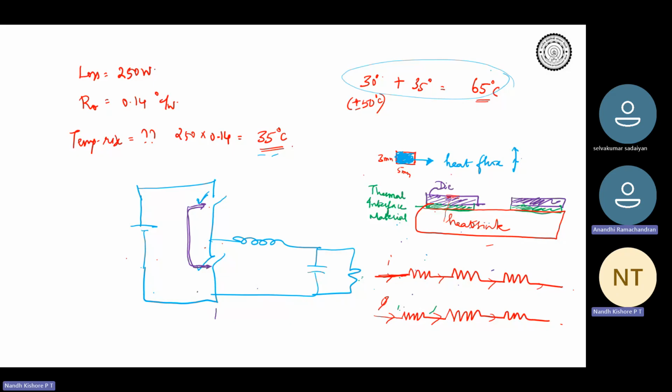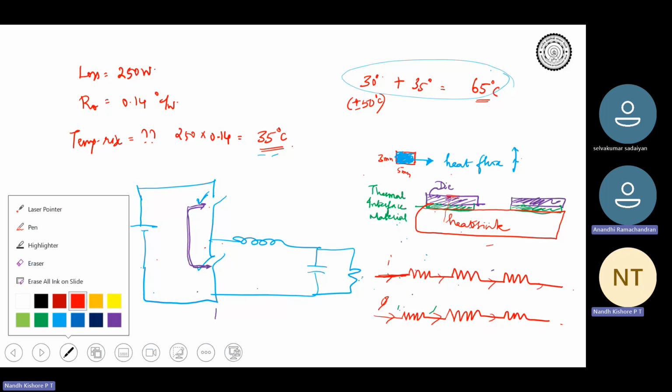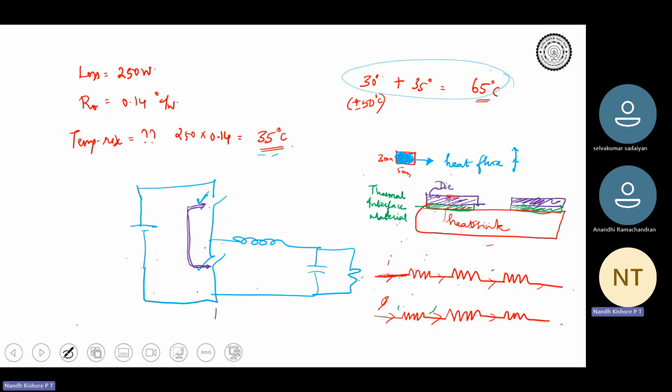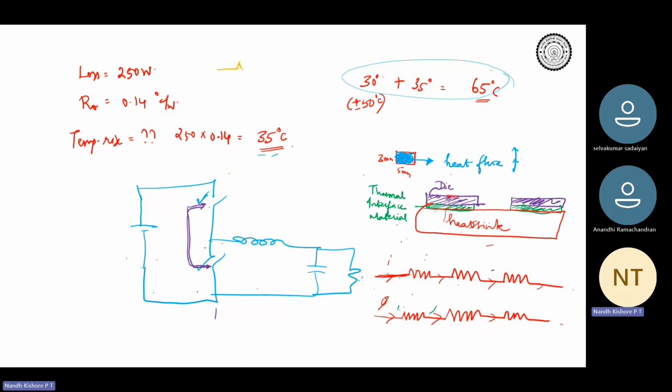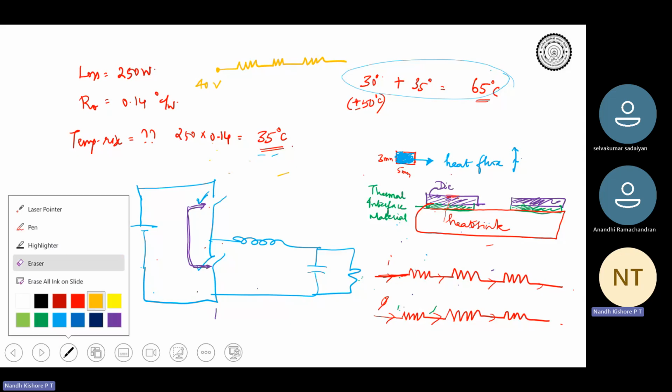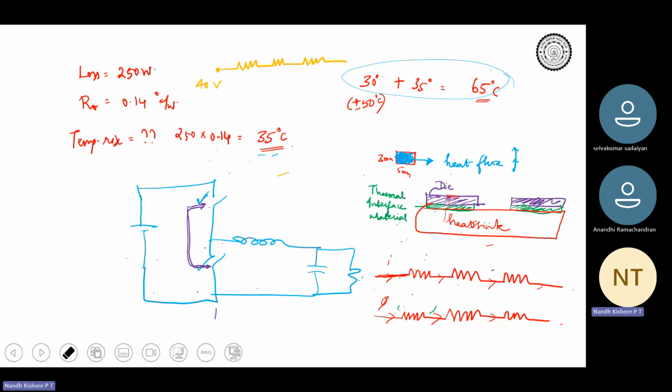Okay, let's say that you had 40 volts over here, or for ease of computation, let's say we have 30 volts.